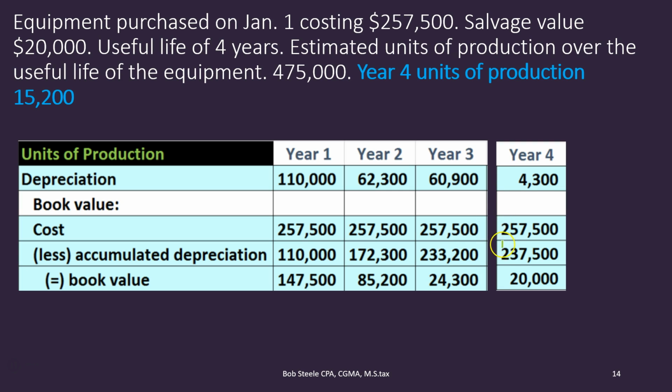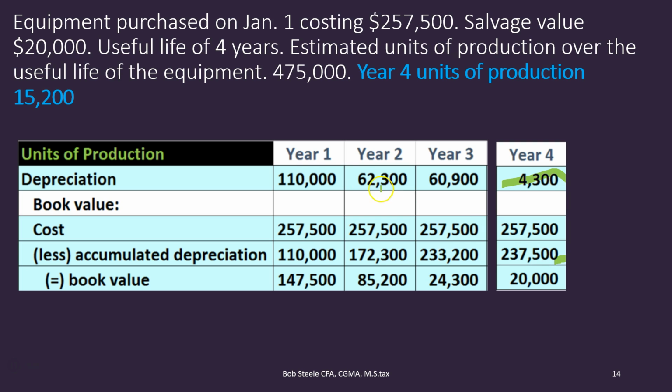Why? Because that will bring the accumulated depreciation up to 237.5. How do we calculate accumulated depreciation? It's prior year's accumulated depreciation of this 233.2 plus the current year's depreciation expense, 4,003, which will give us this 237.5.